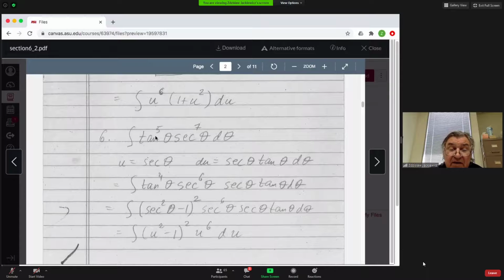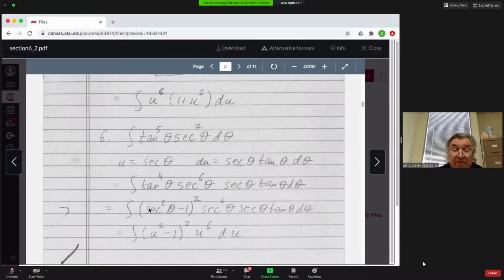So because of this, let's write this thing in this form. So the integral now becomes tangent to the power 4 times tangent, that's tangent to the power 5, and secant to the power 6 times secant, that's secant to the power 7. I wrote it in this way because now secant tangent d theta is du.